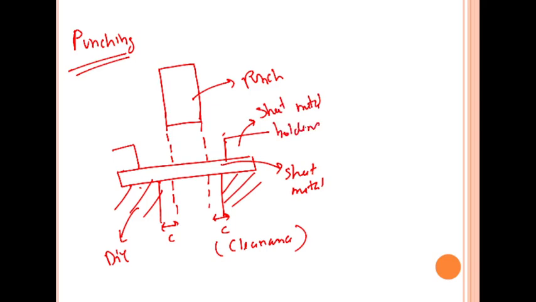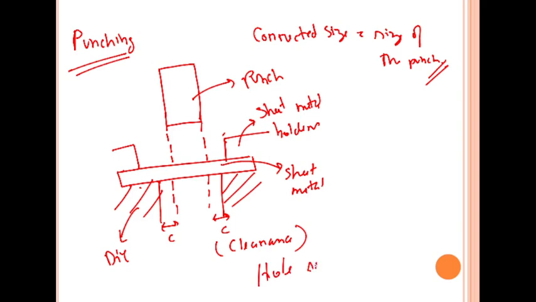Now in case of punching operation, the corrected size, that is the size of the hole, let me write first, corrected size is equal to the size of the punch. That is, in case of punching operation, the hole size will be equal to that of the punch size. That is, the hole size that will be required is equal to the punch size.